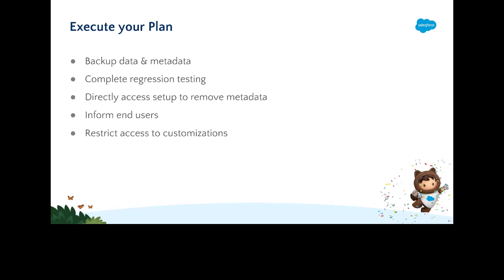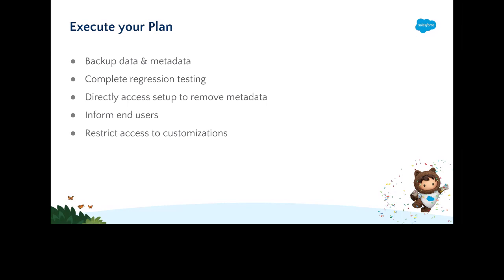Inform end users, that also comes with the post deployment support. Inform your end users from now on what needs to be done, and restrict access to customizations. That doesn't mean all of the customizations, but once you have done implementing the changes, let your consulting partner know that there are no more customizations needed at this stage.